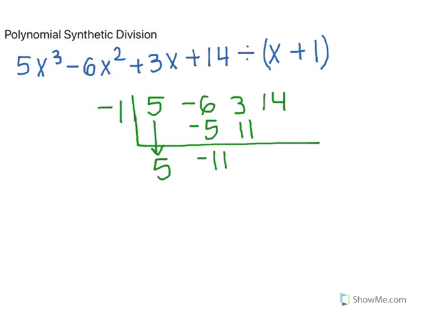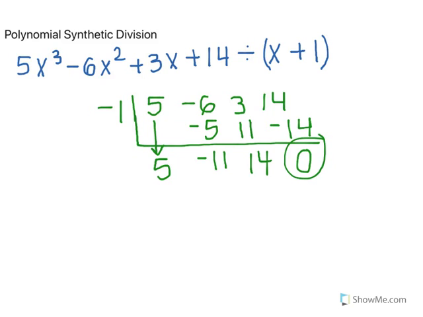So we put that under the 3. 3 plus 11 equals 14. So now we multiply negative 1 times 14, and we get negative 14. And 14 plus negative 14 equals 0. Since we got a remainder of 0, we know that x plus 1 is a factor of 5x cubed minus 6x squared plus 3x plus 14.